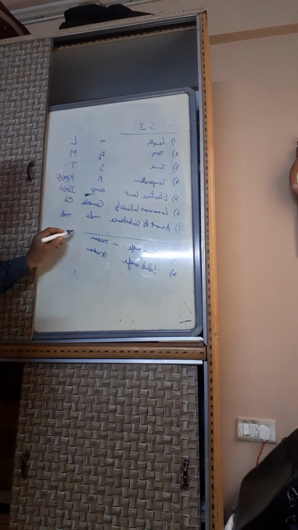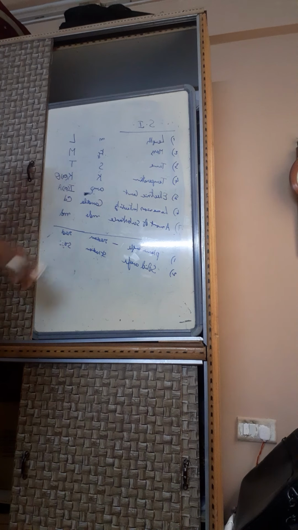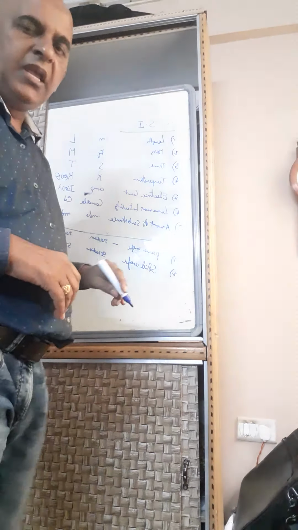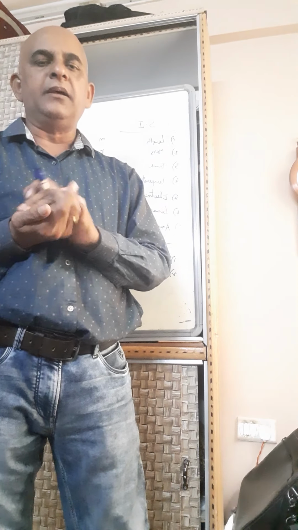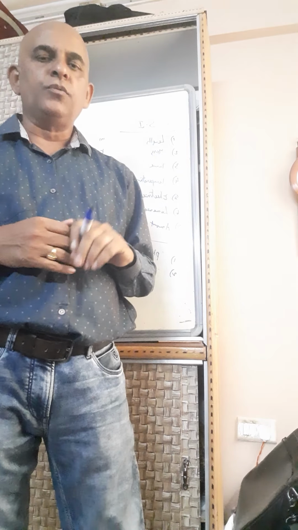Plane angle is represented by rad, radian, and solid angle by sr, steradian. These are the symbols. By using these symbols, we can represent other physical quantities.